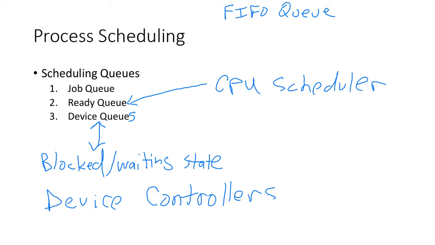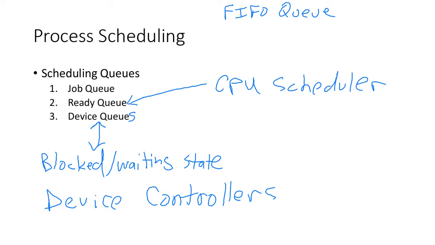There are others, but that definitely puts it in the block state. You know that you have a number of device controllers in your system. So for each one, there will be a separate device queue.